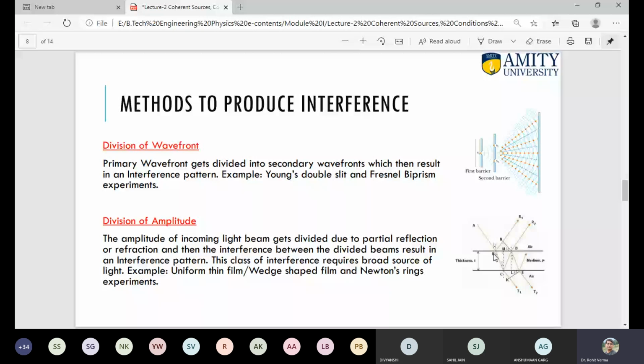Due to the phenomena of partial reflection and refraction, division of amplitude occurs, because 50% of the intensity is reflected and 50% of the intensity of the light ray is transmitted or refracted. So amplitude is divided. That is why this is an example of amplitude division.